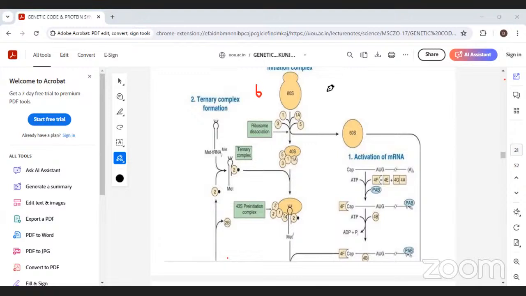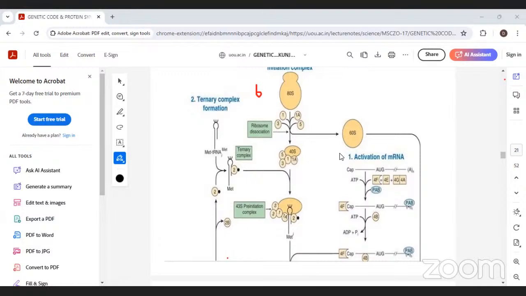It is well known that the amino group and the carboxylic group, COOH, of two amino acids combine together in a peptide linkage.